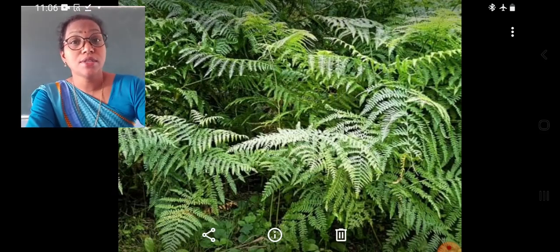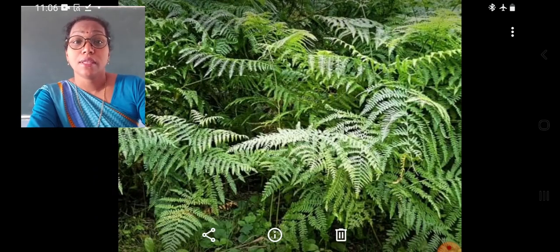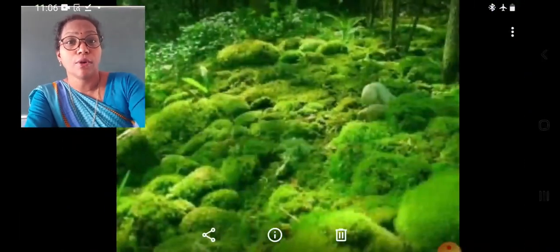These plants get very little light. So their leaves are very thin, having a very thin cuticle. Because of the thin cuticle, they can absorb the maximum amount of light they get on the forest floor.